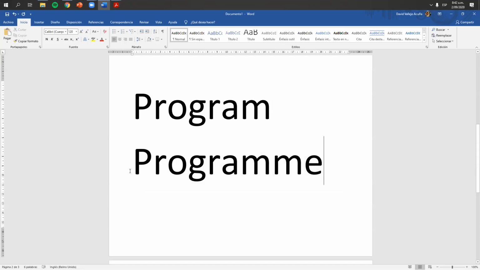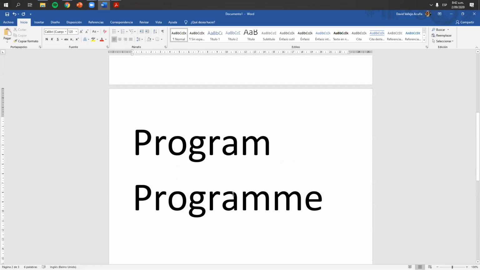And one of the reasons, and this is what history says, is that basically the Americans decided to shorten certain words so they could include more words when printing documents. So basically they made the words shorter so they would use less space when printing, you see?